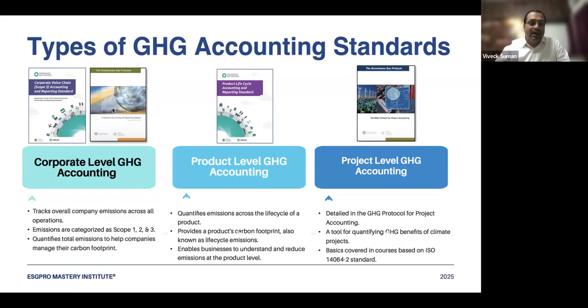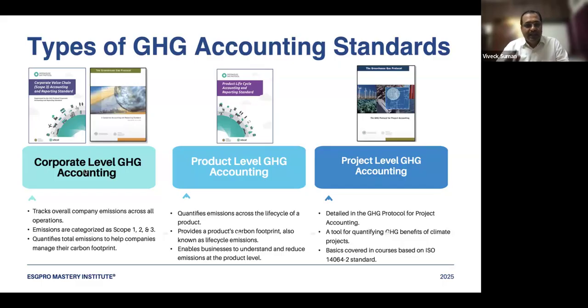Now, to track overall company emission across all operations, corporate level GHG accounting plays a major role. So corporate level GHG accounting requires two booklets. One is the basic guideline book for corporate and organization scope 1 and 2 emission reporting, and the second booklet is specially designed for scope 3 reporting, right?